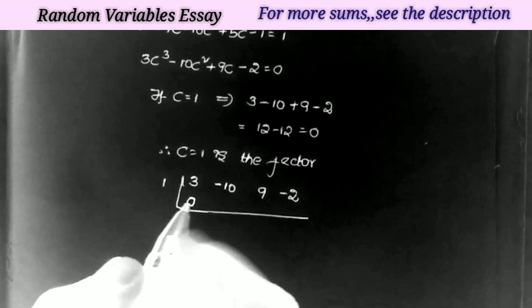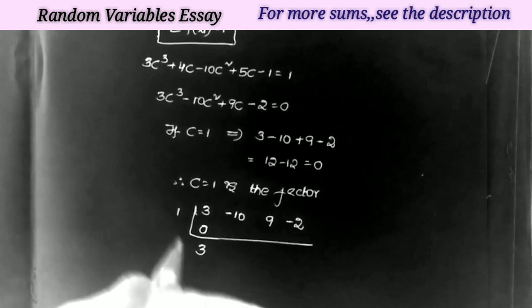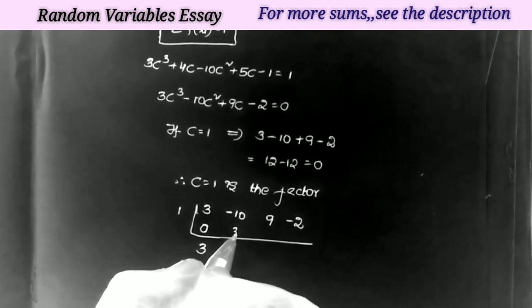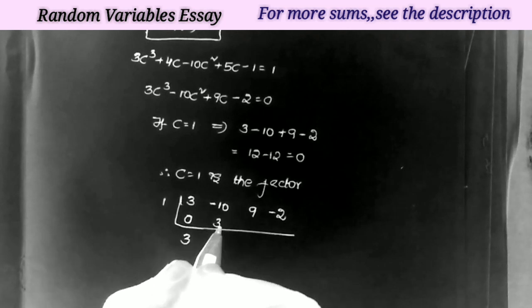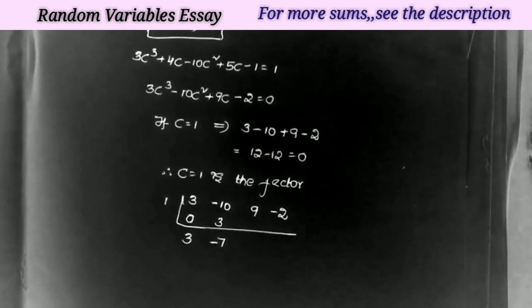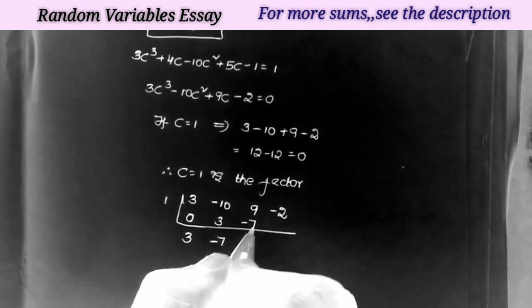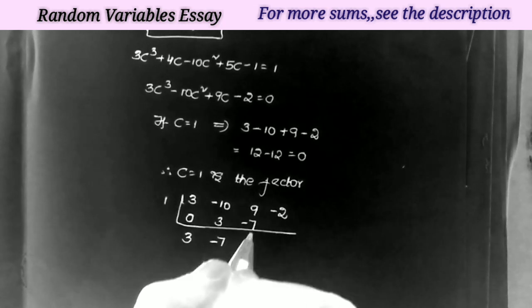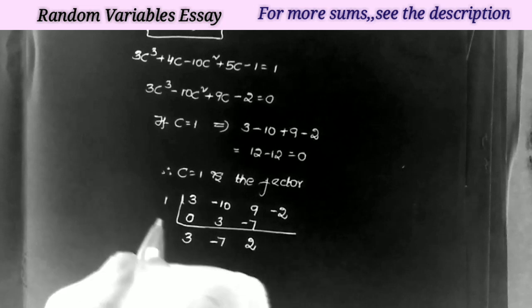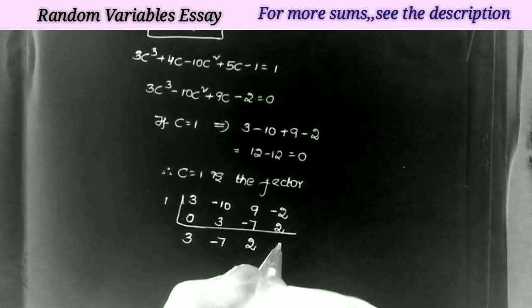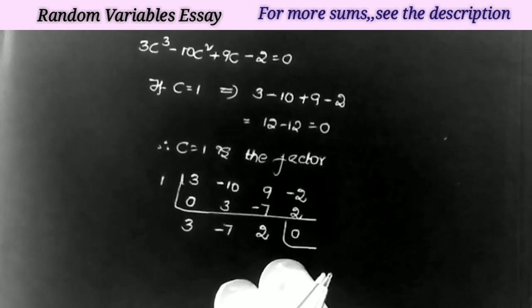Now 3 plus 0 is equal to 3. Now this is 3 into 1 is equal to 3. Now minus 10 plus 3 is equal to minus 7 and 1 into minus 7 is equal to minus 7. Now this is 9 minus 7 is equal to 2 and this 2 into 1 is equal to 2. That is, answer is equal to 0 here.